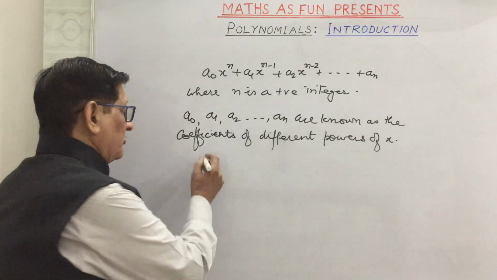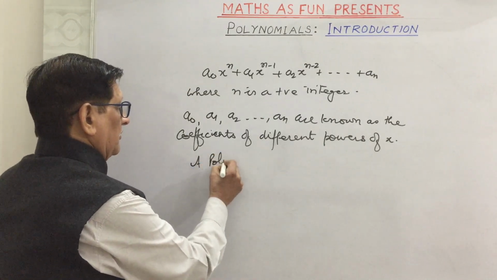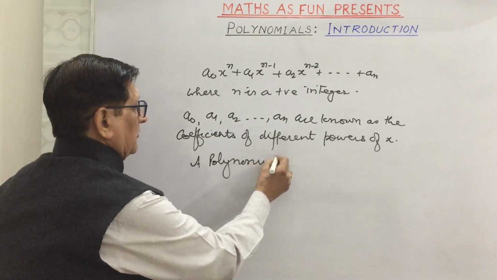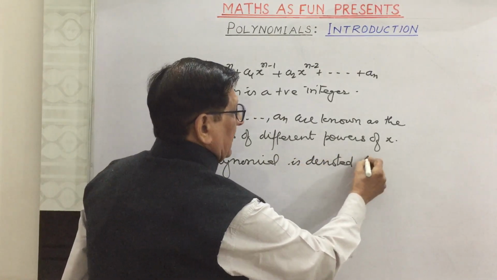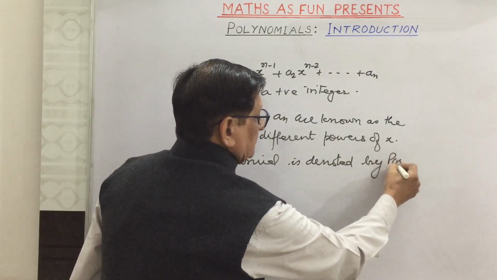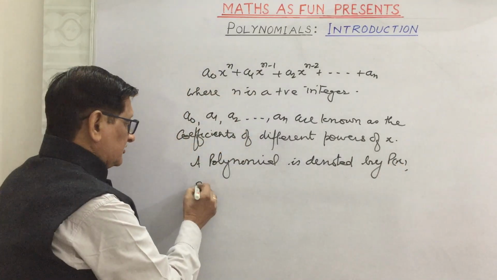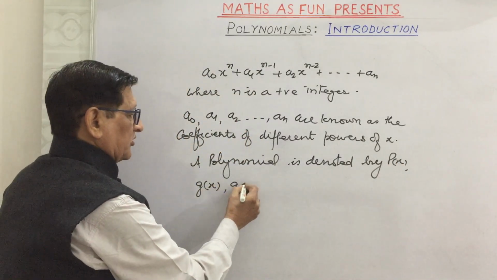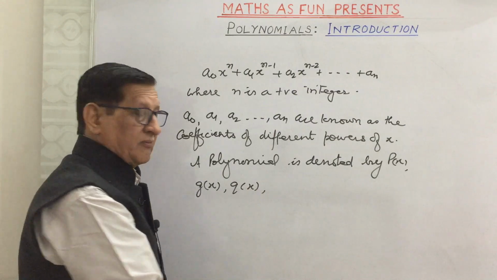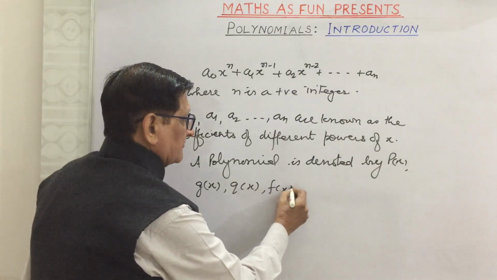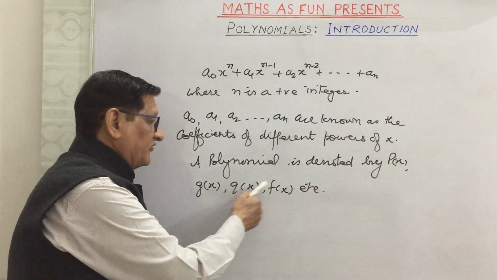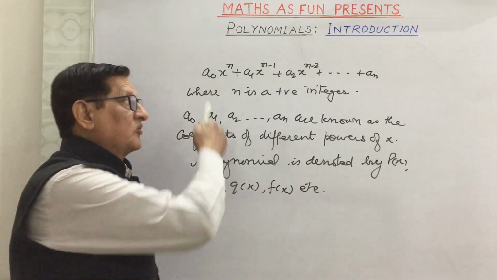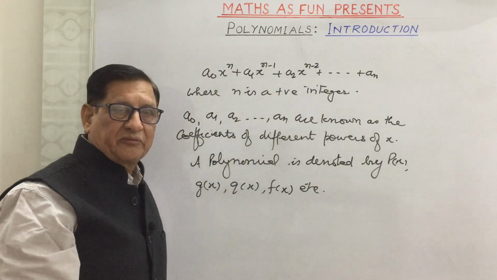We denote the polynomial by p(x), g(x), q(x), f(x), etc. This x is the variable in terms of which the polynomial has been described.